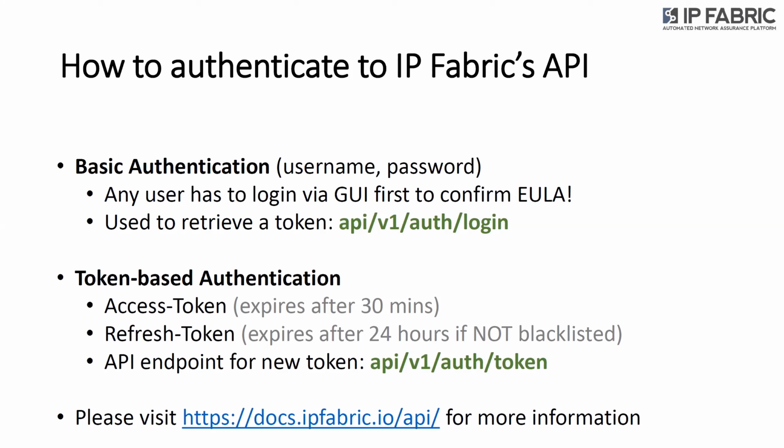It expires after 30 minutes, and when it expires, you can refresh the token with the refresh token, which expires after 24 hours if not blacklisted. The recommended use is to authenticate through the basic authentication first, then get the access token and use the access token every time you collect data from the IP Fabric.